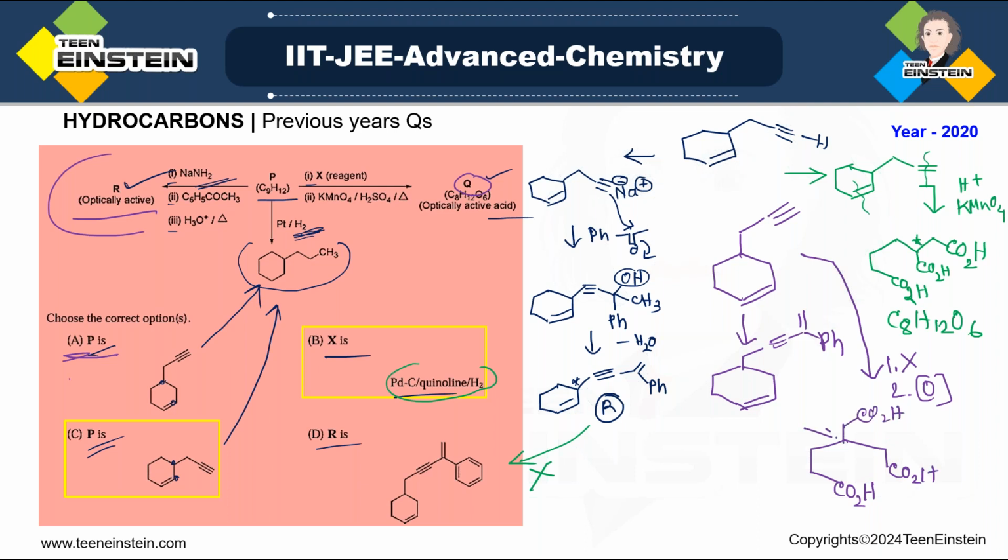Now this center is not chiral because these two groups are the same. So though this side we are getting fine results, on this side we are not getting an optically active acid. That is the reason this option is not correct, and also this one is not correct. Only B and C are correct.